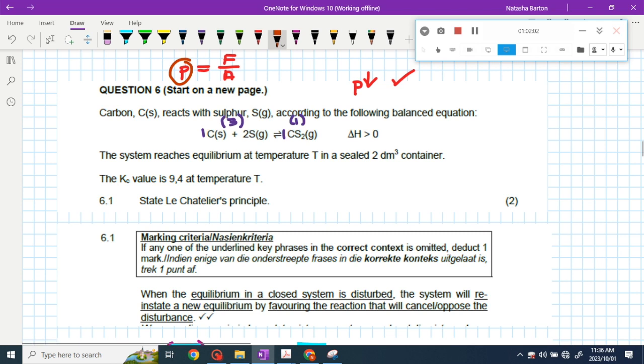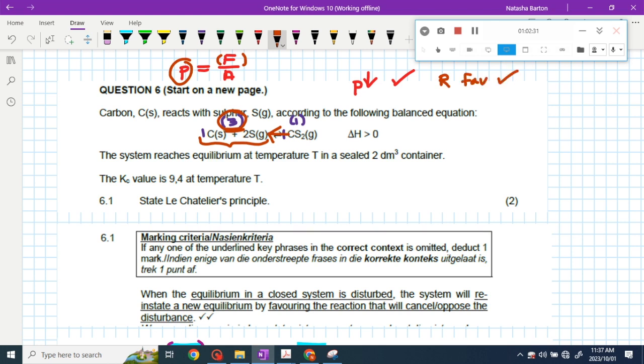If we would like more pressure, more force, we are going to need more particles. So since there is 3 mole on the left versus 1 mole on the right, we say that the reverse reaction will be favored, because according to Le Chatelier's principle, the reaction that produces more number of mole will be favored.